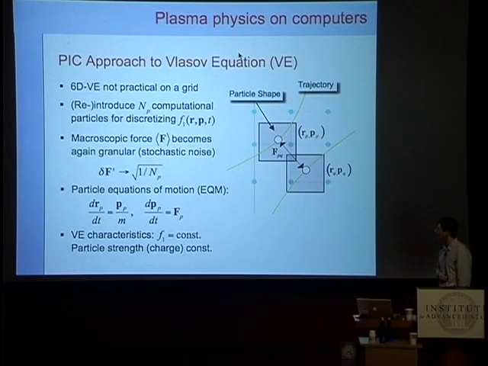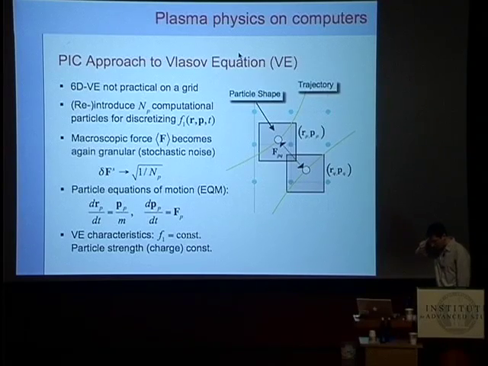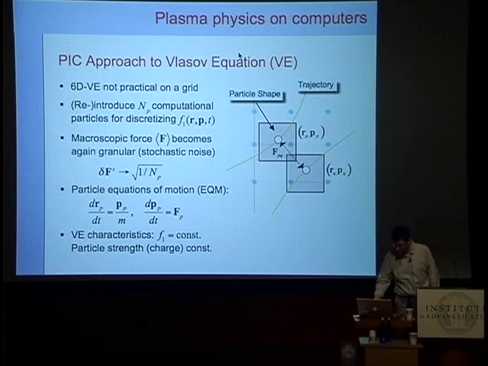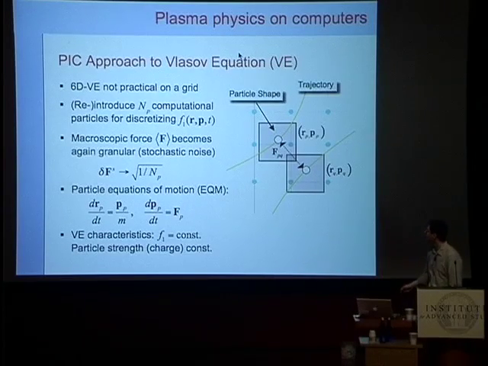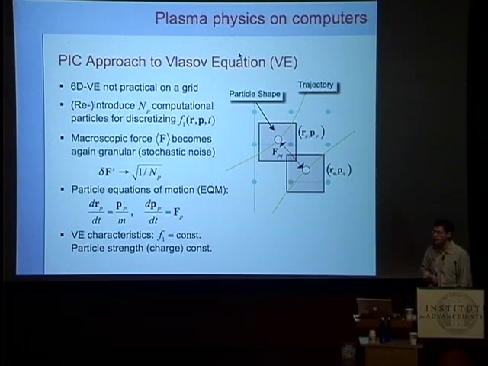First of all, if you really are dealing with point particles, you will have to worry about their intrinsic interactions. So you will run into the granular noise due to the fact that you have relatively few particles, much fewer particles than you have in a real plasma.